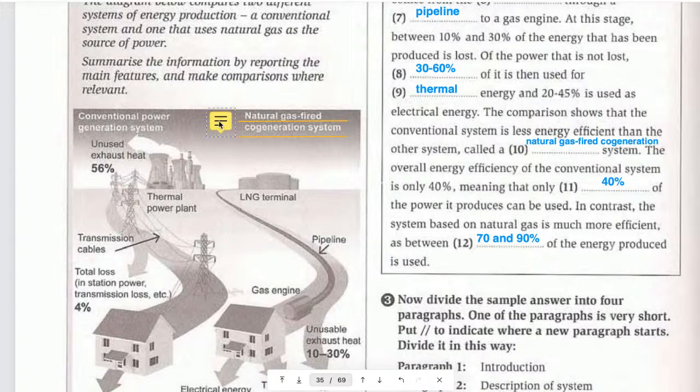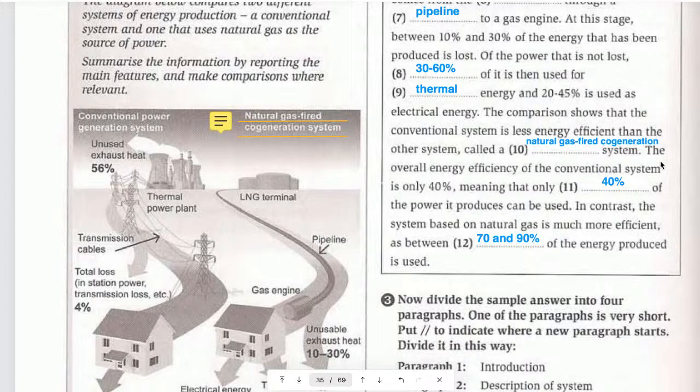So you always have to make comparisons where relevant. So the conventional system, the system on the left side, is less energy efficient than the one on the right side, called a natural gas-fired cogeneration system. Why do we know that? Because they explain next to that.